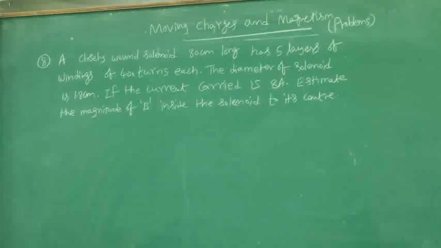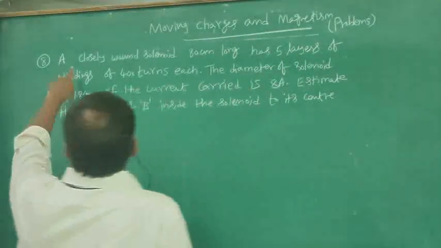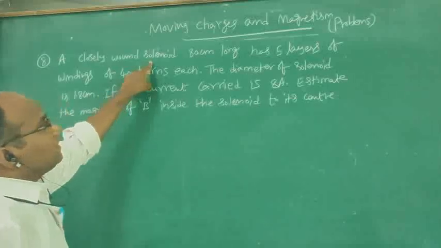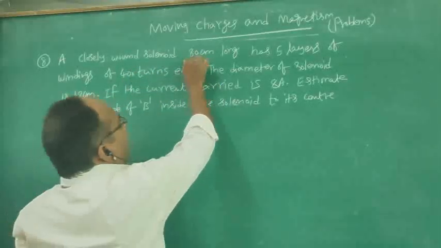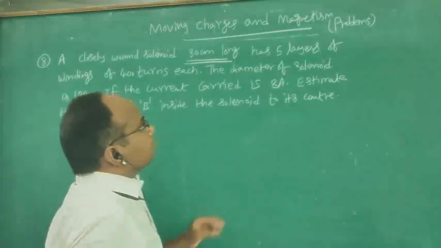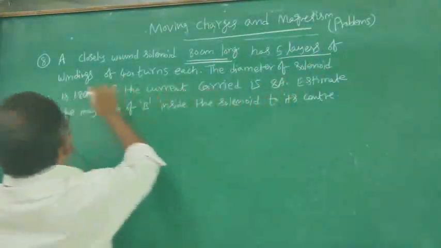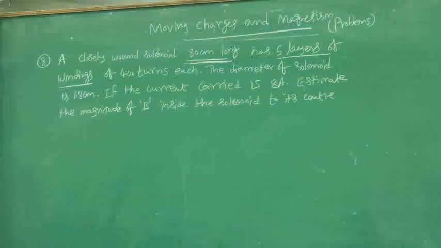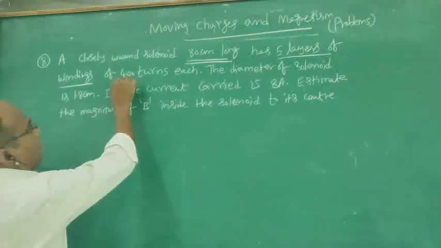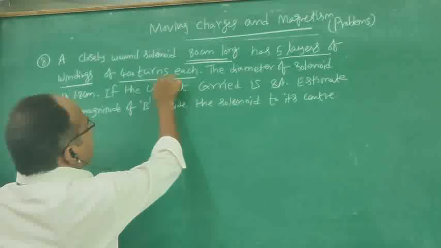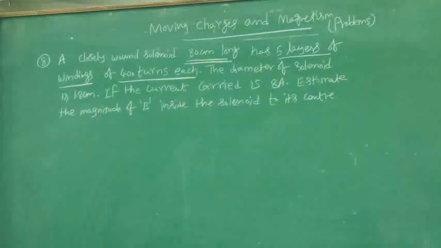Now coming to the 8th problem. A closely wound solenoid 80 centimeter long has 5 layers winding 400 turns each.